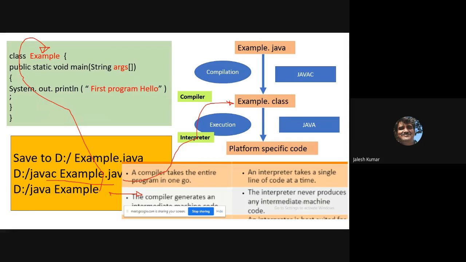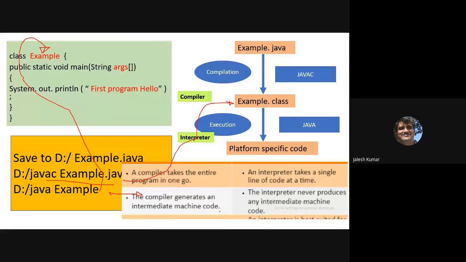So in the first stage, example.java is converted into example.class with the help of the compiler. So the entire program is converted. But once that .class file is available, using the interpreter, line by line check is what Java will do. So that is the first difference. Another is that the compiler generates an intermediate machine code.